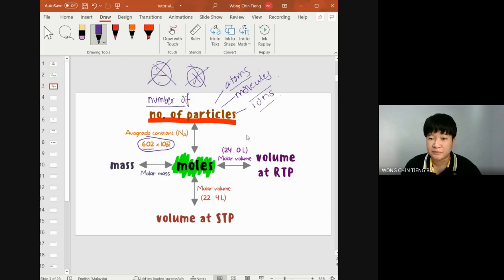So your decimal places are very important. If you round off, your answer will be very far off. That is the reason why you cannot round off. Must be 4 decimal places.